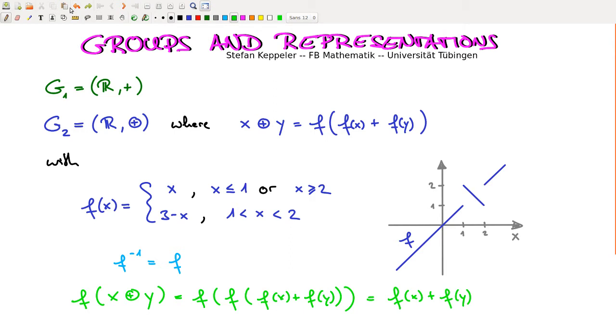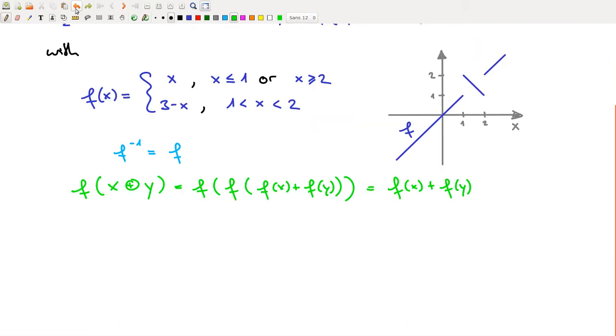So they are not isomorphic as topological groups. Let's see, this creates some funny topological properties for this G2, although as a group it's isomorphic to G1. The identity is still 0.